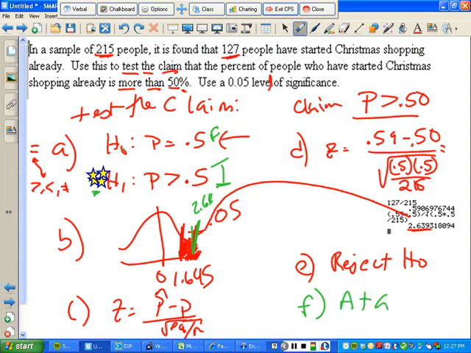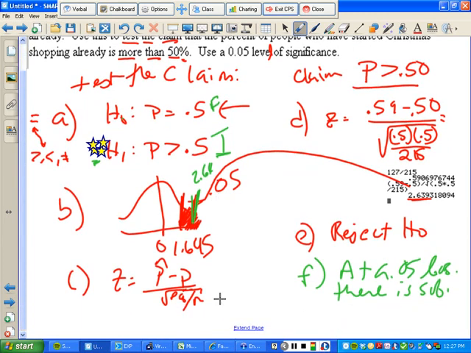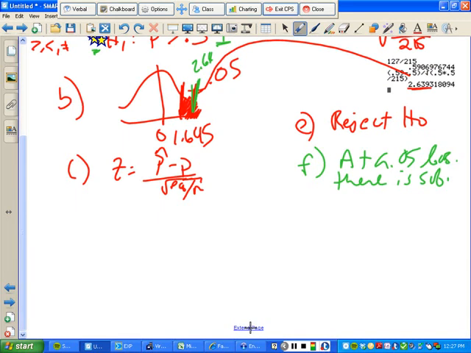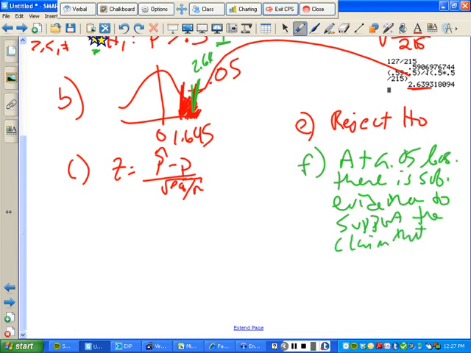At a 0.05 level of significance, there is sufficient evidence to support the claim that p is greater than 0.5.